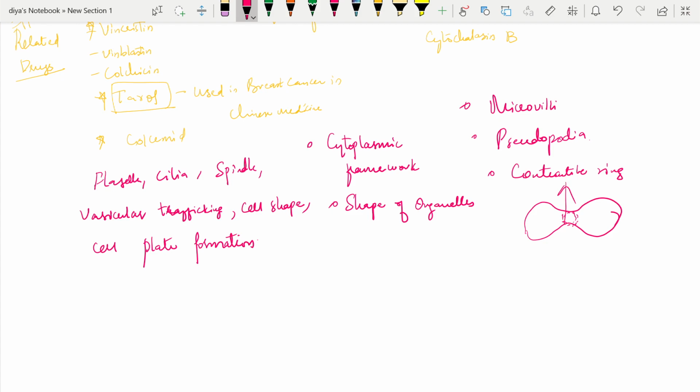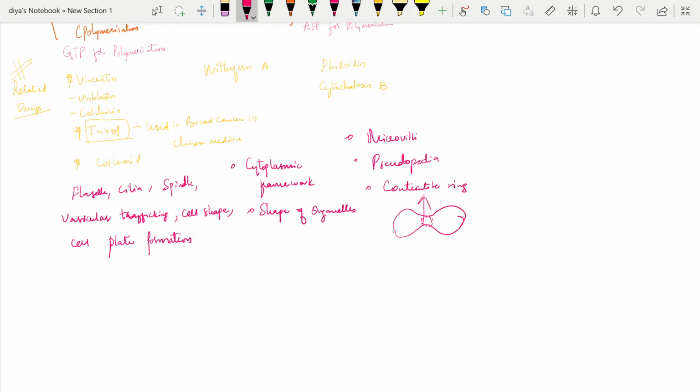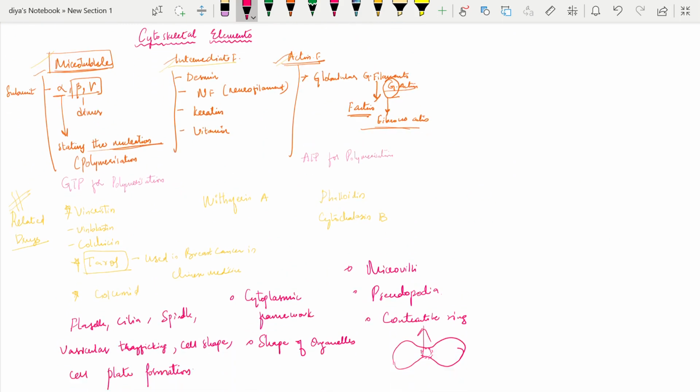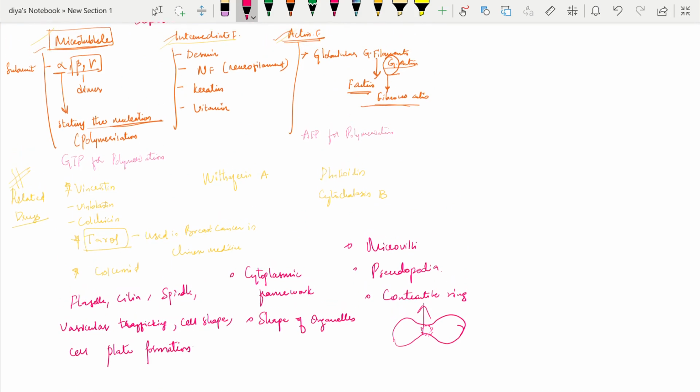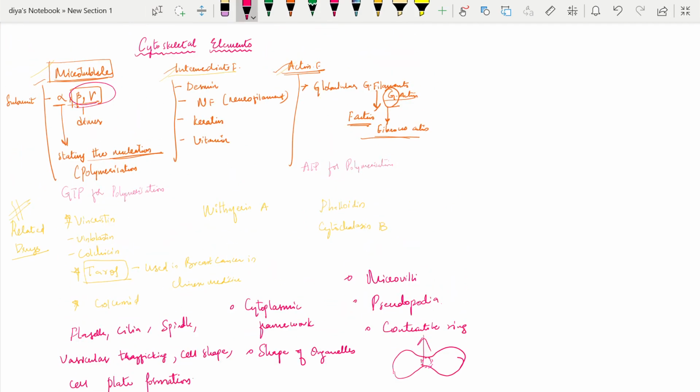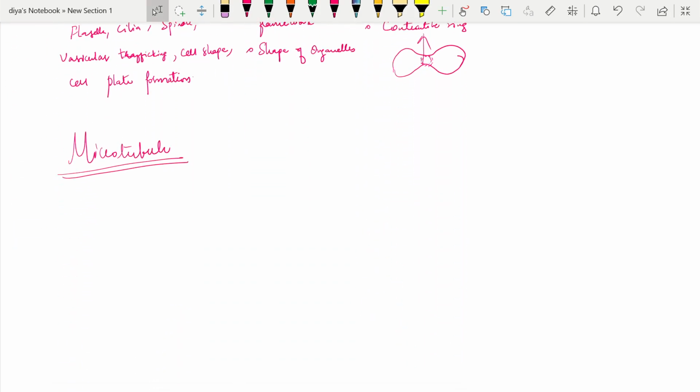Now we'll be talking about the structure of our microtubule. Basically, I told you it is made up of the beta and gamma dimer. These are hollow and cylindrical, a pipe-like structure.